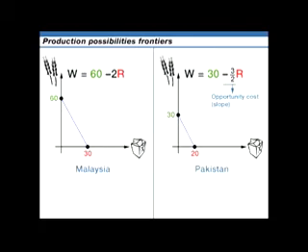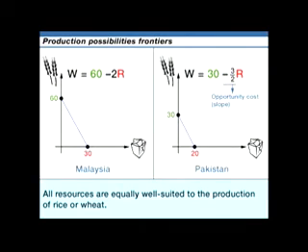Anytime Pakistan adds 1 unit of rice to its output, it does so by giving up 1.5 bushels of wheat. So the slope of the curve here is going to be -3/2. That's the opportunity cost of rice measured in terms of wheat that Pakistan would have to give up.